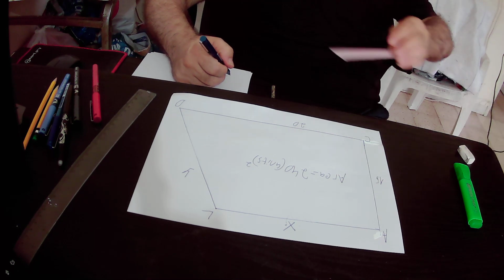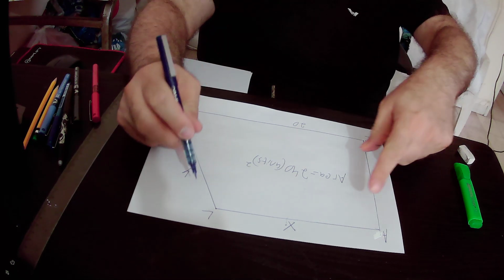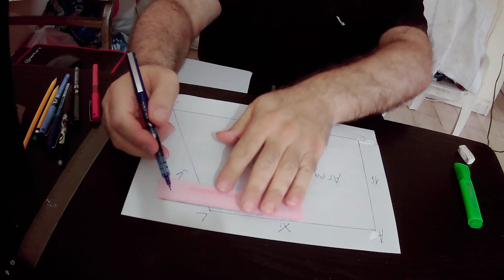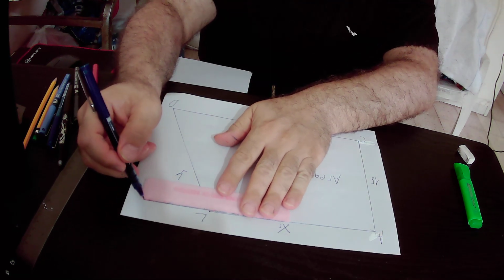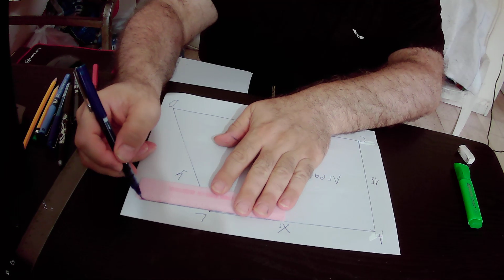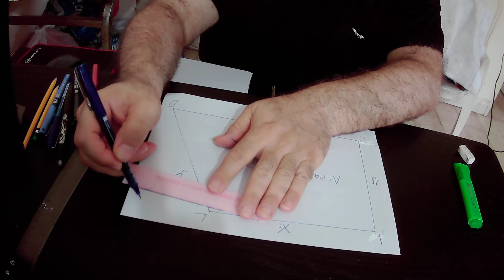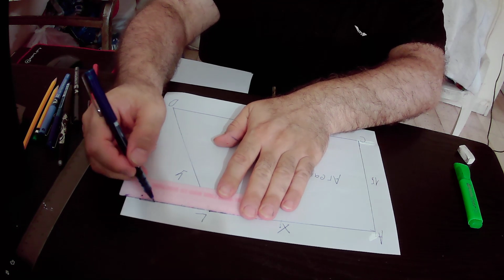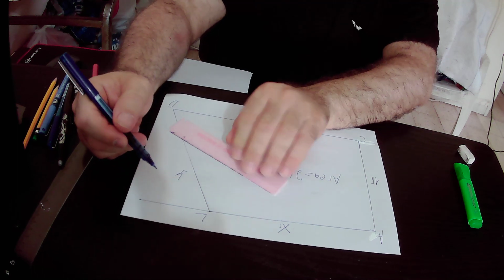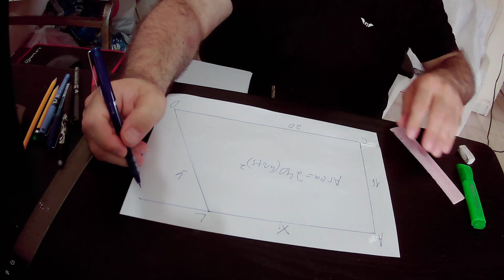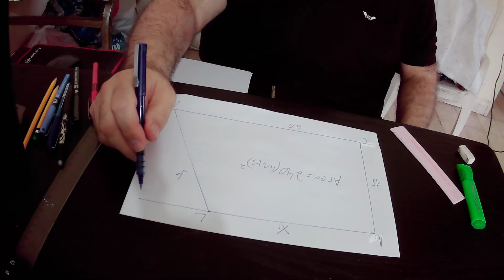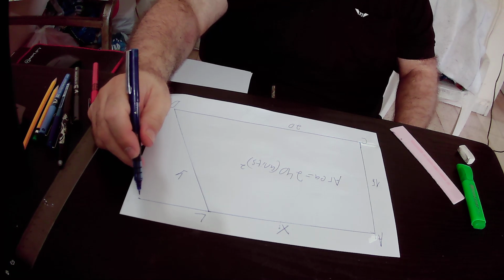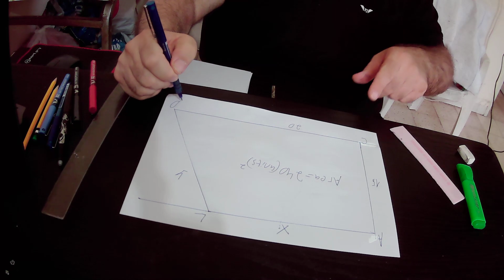Okay, in the next step, we will extend the line segment X to a size of 20 units. And then we will lower a perpendicular from this point to line segment CD.